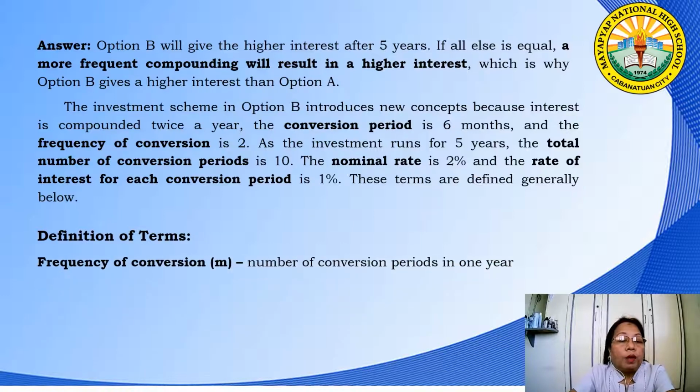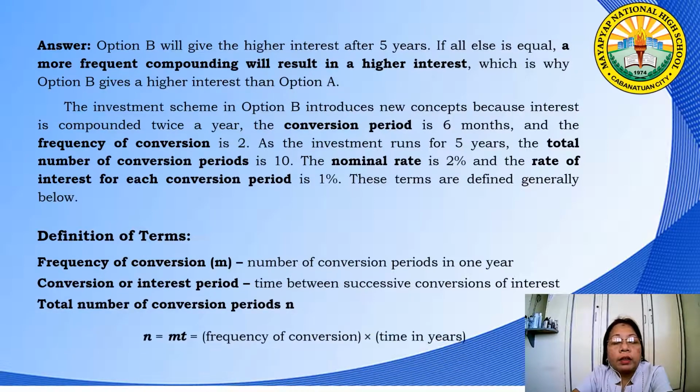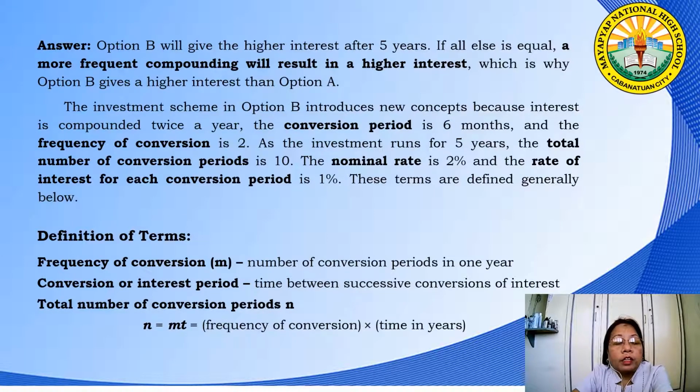Frequency of conversion, represented by the symbol m, refers to the number of conversion periods in 1 year. Conversion or interest period is the time between successive conversions of interest. Total number of conversion periods n, where n equals mt, frequency of conversion times time in years.